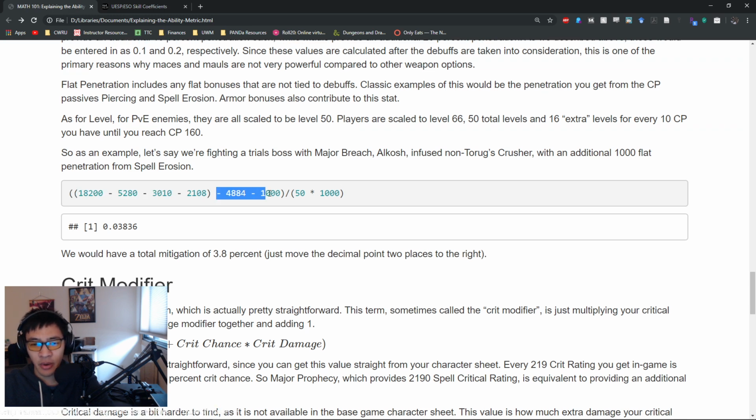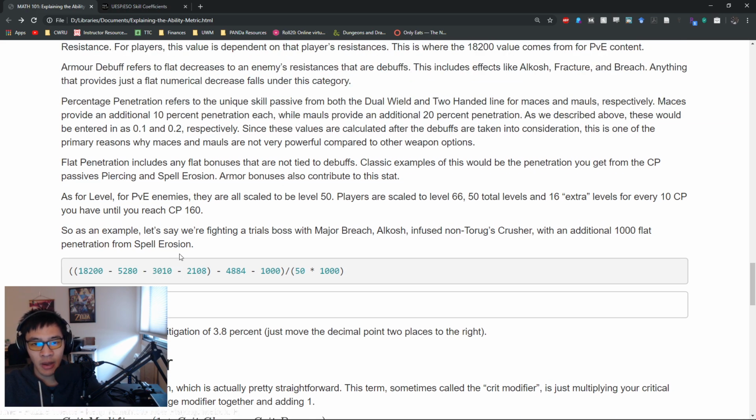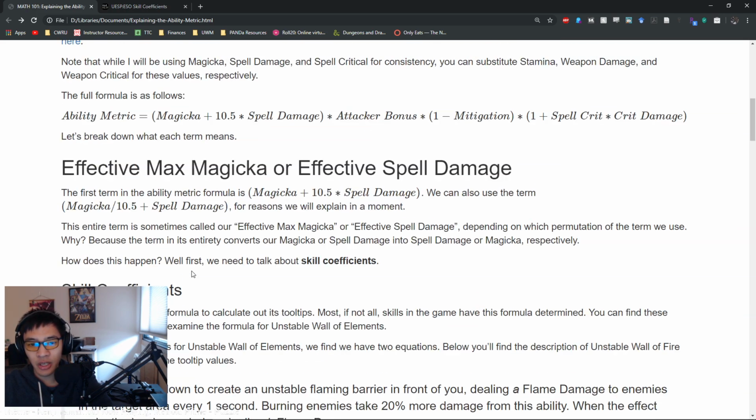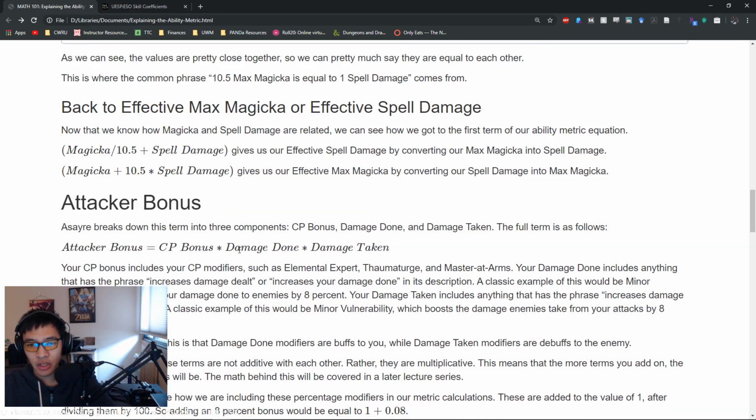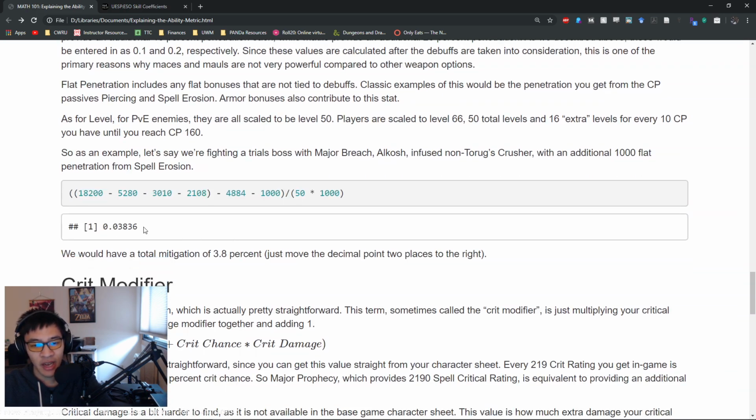Then you subtract out your flat bonuses, so you have 1,000 and then 4,884 from a light armor passive. Then you divide this whole thing by 50 times 1,000, because we are fighting a PvE mob, and we get a value of 0.03836. So we have a total mitigation of 3.8%. Just move the decimal point over by 2. And remember that from the ability metric, our value here would actually be 1 minus mitigation. That would give us the total damage that we're actually doing, so it would be sitting a little bit over 96% of our damage.